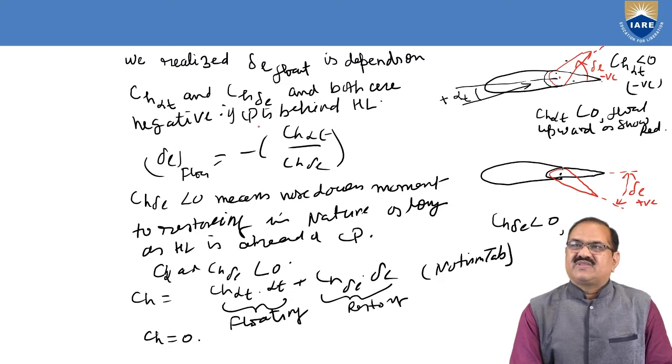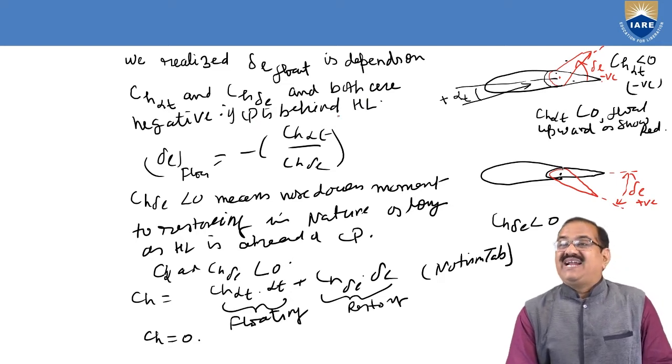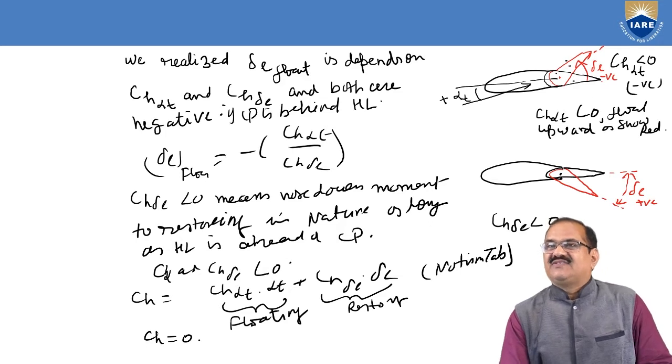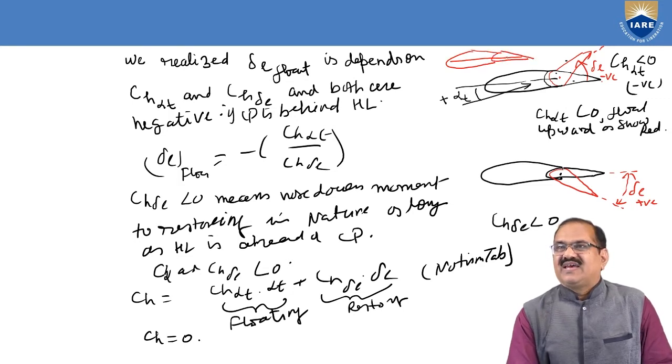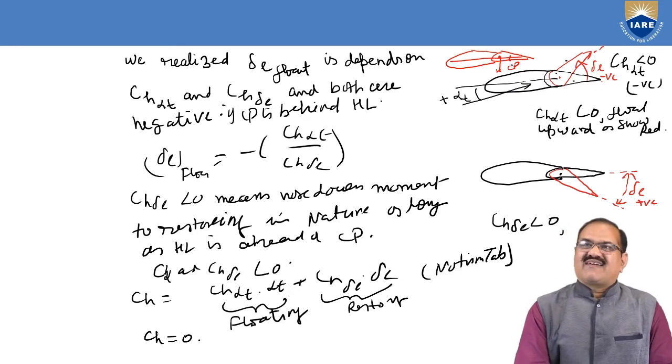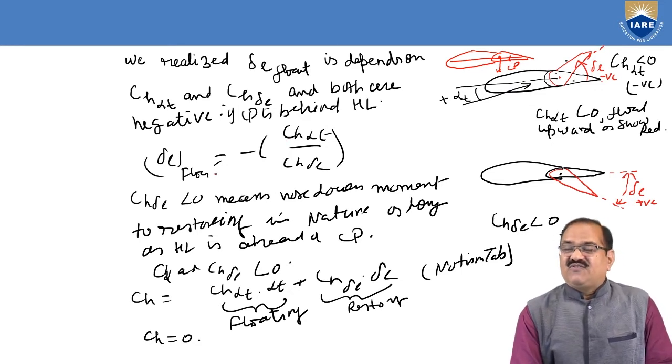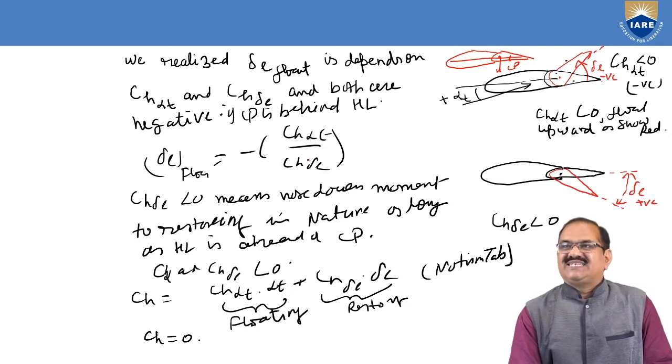So if CP is behind HL, just you can see here, this is your tail, here is HL and here is CP, where your lift forces are supposed to act. So in this condition, delta E float will be minus CH alpha T by CH delta E.